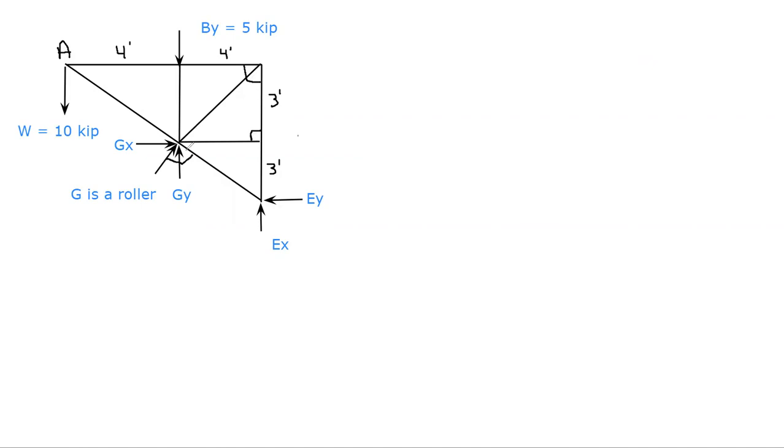I'm also indicating that there is a right angle between G and segment AE. All right, so G is a roller, so the reaction is perpendicular to the plane. So it'd be a 90-degree angle between the reaction at G and segment AE.